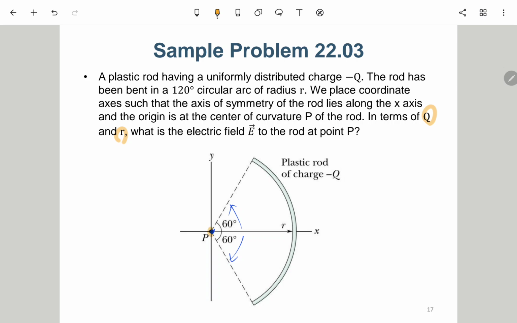Also calculate the E field at the center. And actually the charge is negative Q rather than Q.